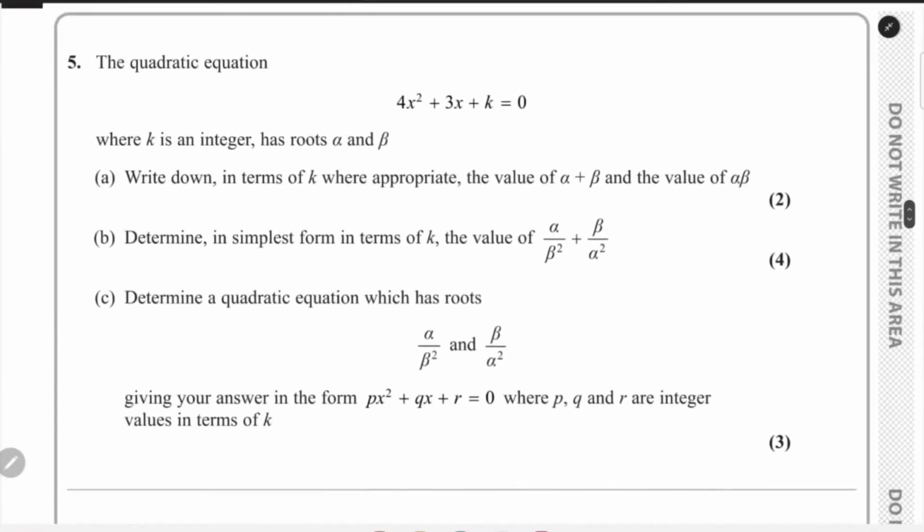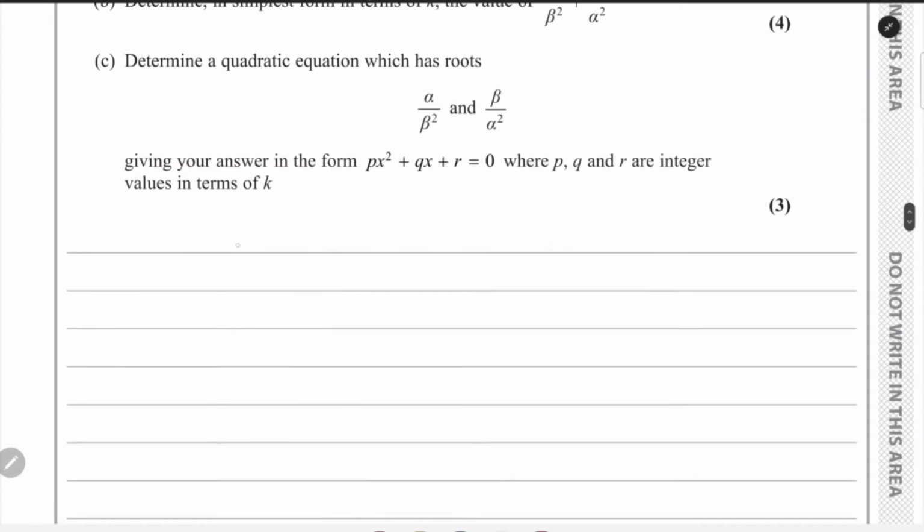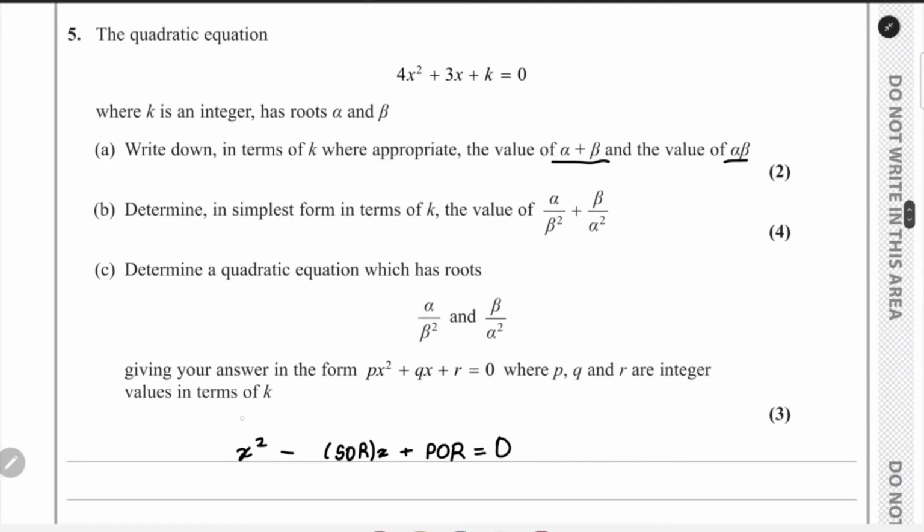Now moving to question 5. We have this quadratic equation given where k is an integer and we are given the roots alpha and beta. We have to find the value of alpha plus beta and the value of alpha beta. Now we know that any quadratic is given in this form: x square minus the sum of roots times x plus the product of roots, equal to 0.